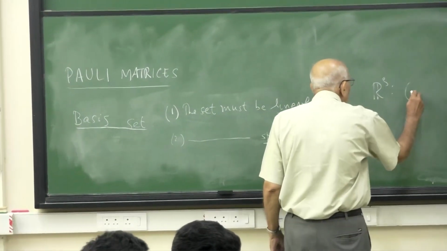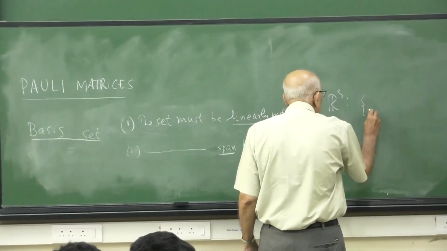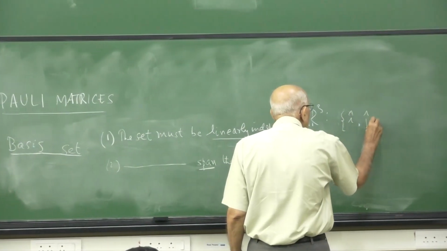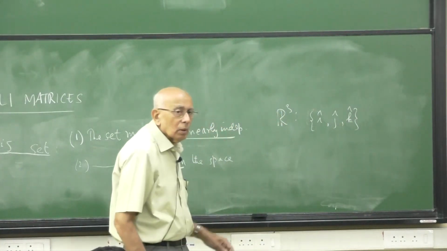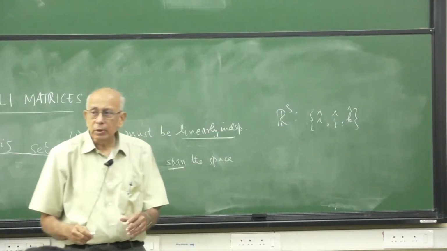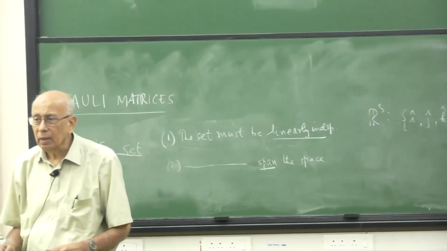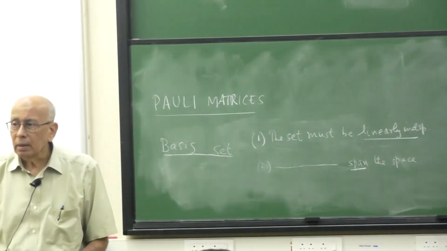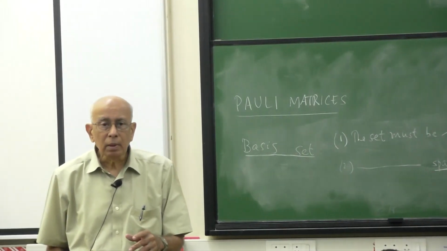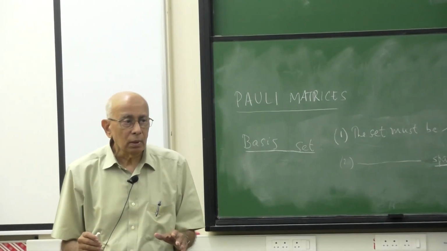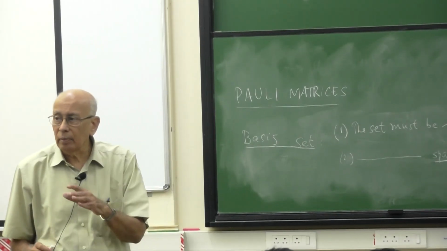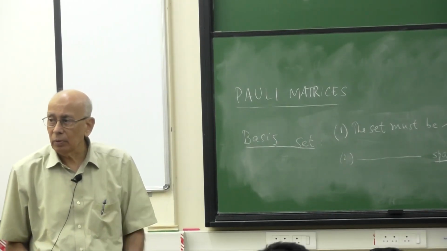And I claim to you that the set of vectors i, j, k form a basis, because none of them can be written as a superposition of the other 2. That is very clear. And secondly, these 3 vectors between them span the space in the sense that no direction is left out in this space. Any direction can be written as a linear combination of these three fellows.